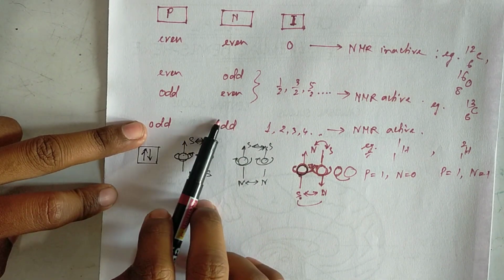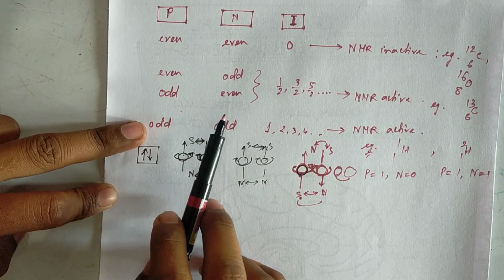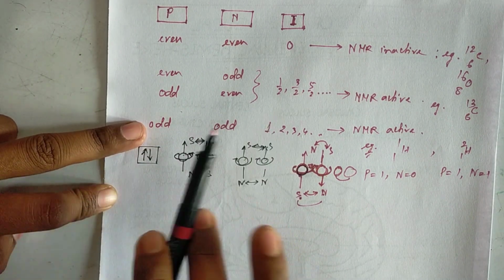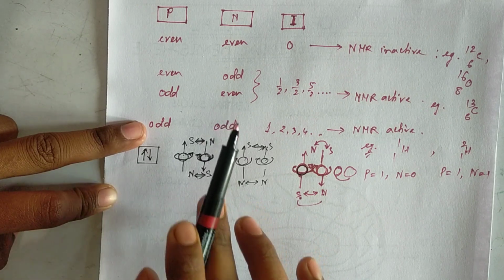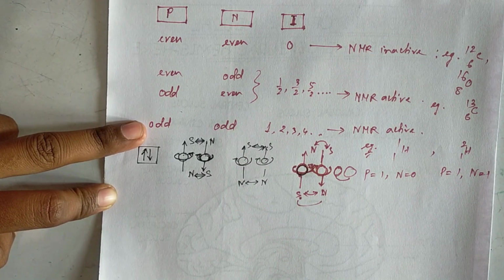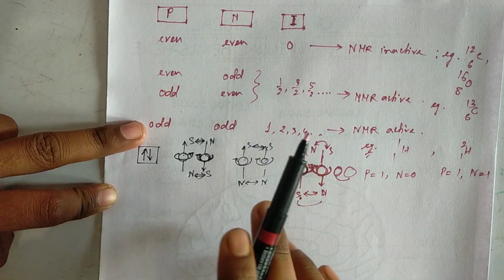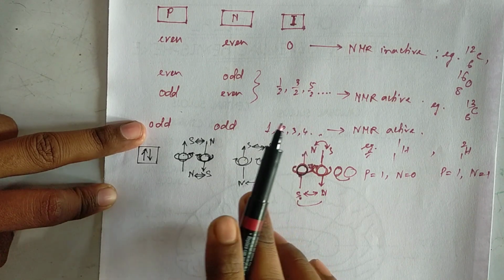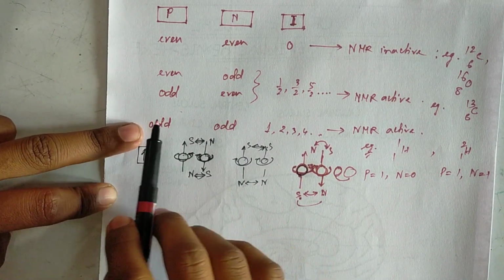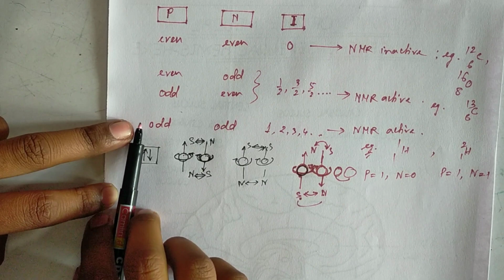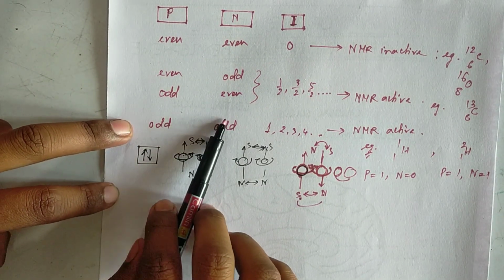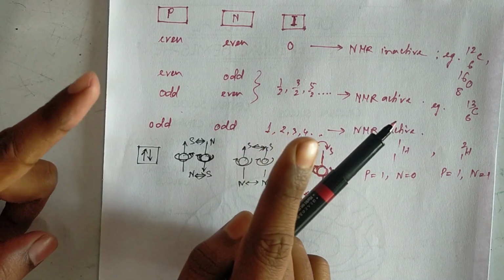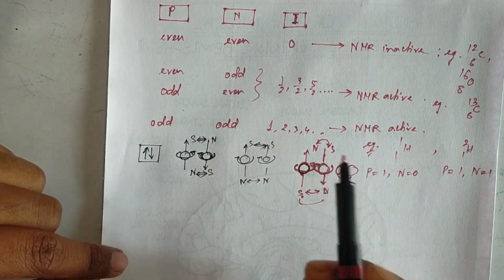And again, in case of neutrons also, suppose 7 neutrons are there, so 6 neutrons will pair up with each other and only 1 neutron will remain there. Okay, so this 1 unpaired proton and 1 unpaired neutron again will pair up with each other.